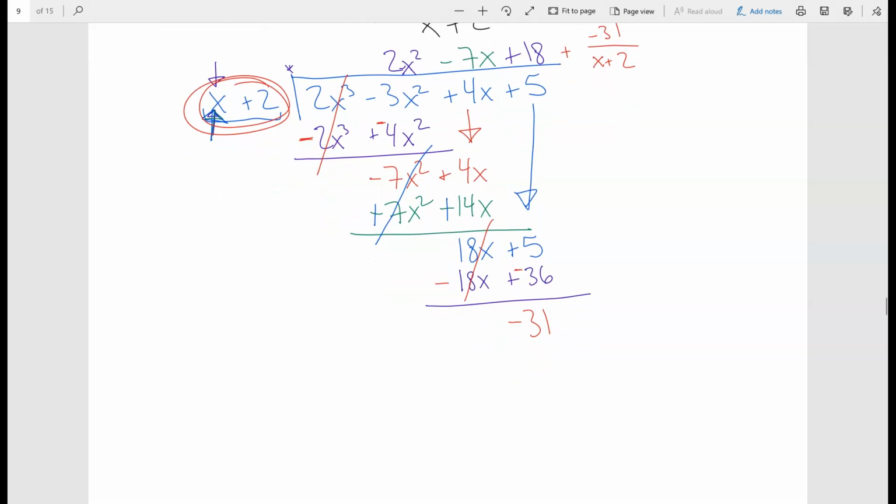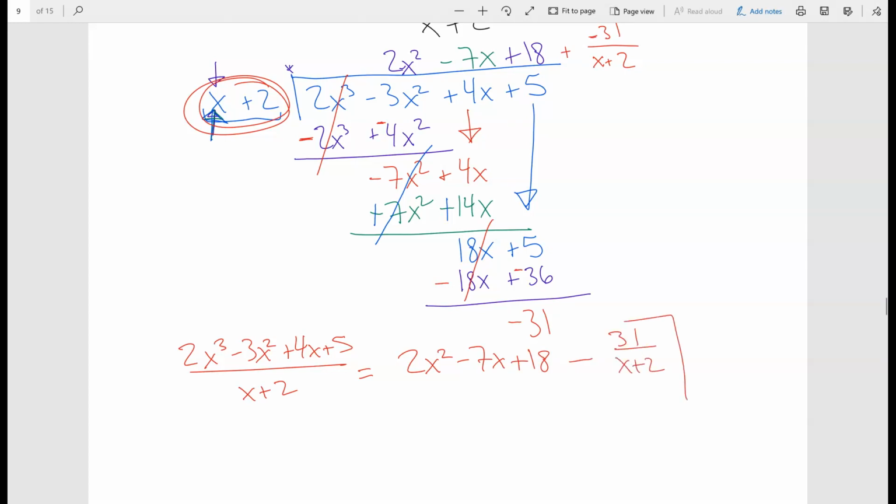We want to write that 2x cubed minus 3x squared plus 4x plus 5 divided by x plus 2 is equal to 2x squared minus 7x plus 18 minus, because you have this minus and a plus minus, 31 over x plus 2. This is going to be my final answer.